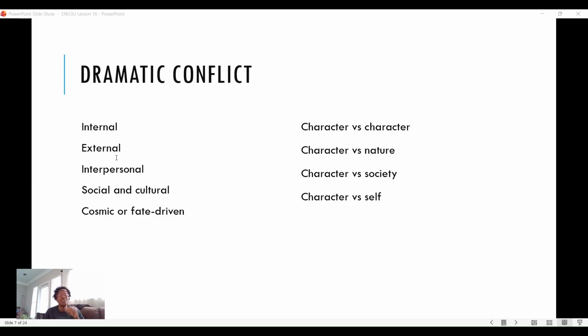The title character, King Lear, faces this conflict against the fabric of the universe as he perceives it, and his decision to divide his kingdom among his daughters, based on flattery, that unravels between them.